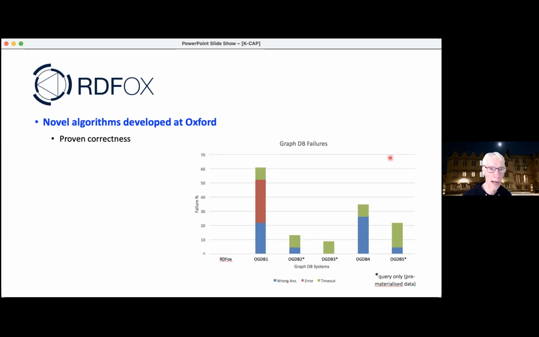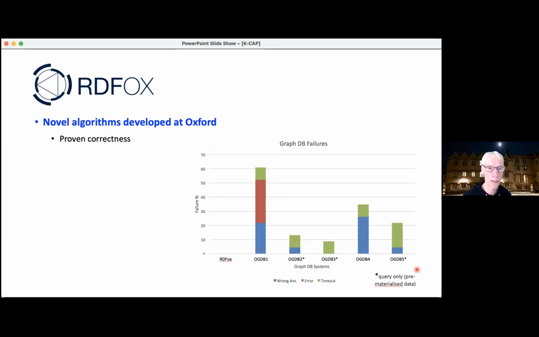We didn't carry out this test here, but one of the customers at Oxford Semantic Technologies carried out this test when they were trying to decide which graph database to buy, and they compared RDFox with 5 other graph databases, which I've anonymized to save their blushes. But what they found was that these other systems, which presumably hadn't been designed in this way using formally correct algorithms, but rather using some sort of software engineering process where they just fix things till it no longer seemed to break.